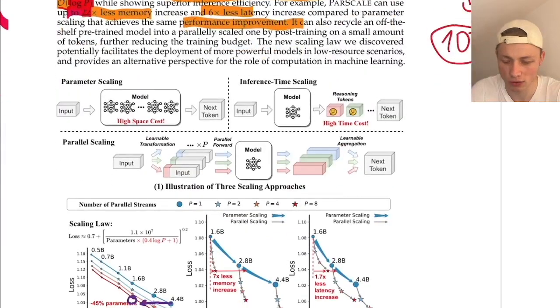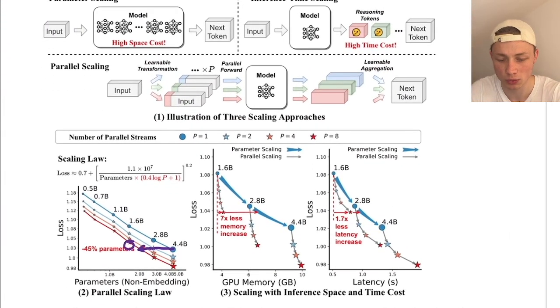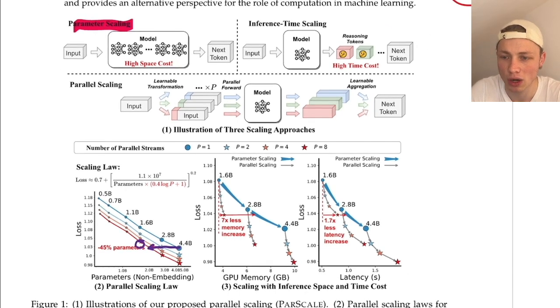Let's have a small look to understand the three paradigms better. On the top left we have our parameter scaling, where we just make the model bigger, and this brings a high space cost, because we have to save the model in our GPU memory, and if we make the model bigger, we need more GPU memory.